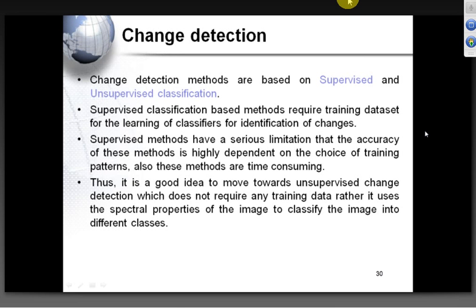Change detection methods are based on supervised and unsupervised classification. Supervised classification based methods require complete ground truth for each and every image, and they require classifiers for identification of changes.